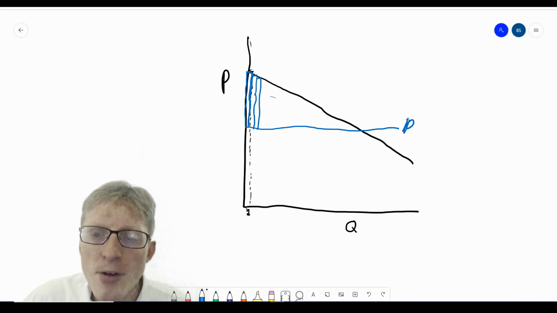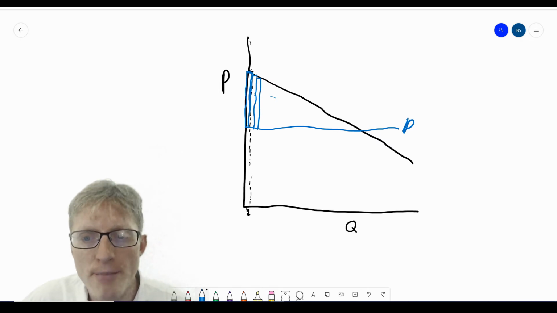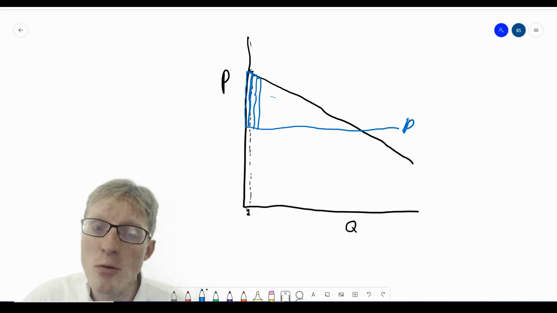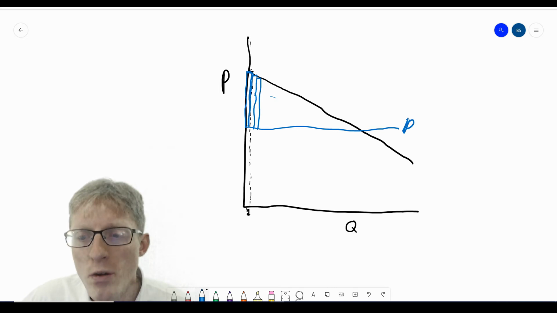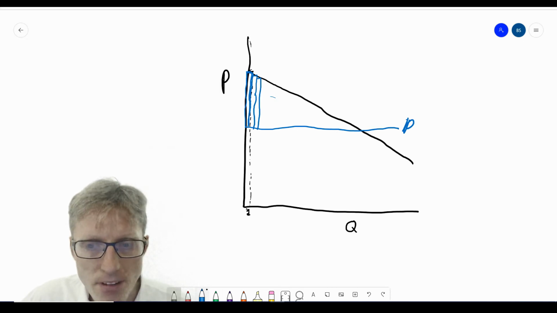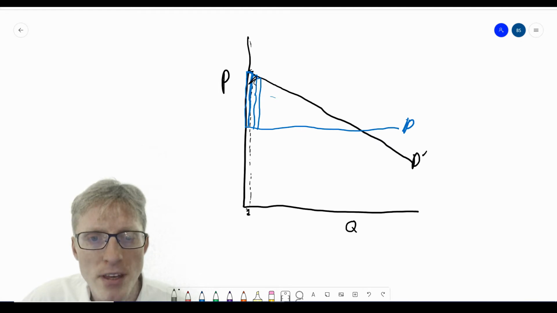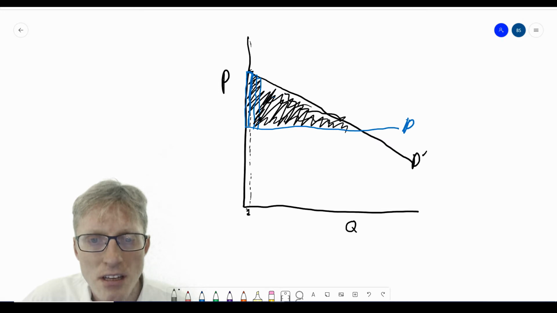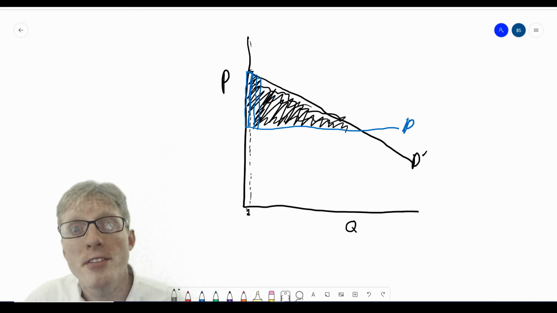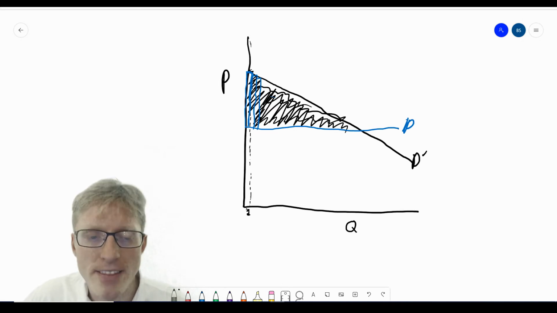If we add up all of those rectangles, that gives the entire consumer surplus in the market, which is approximately equal to the area below this inverse demand curve and above the price. So it would be this area here. So we could calculate consumer surplus by finding that area.